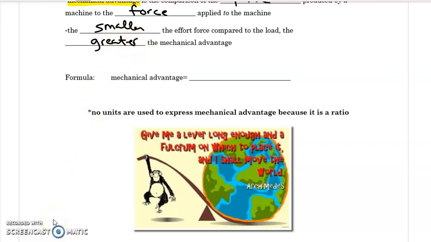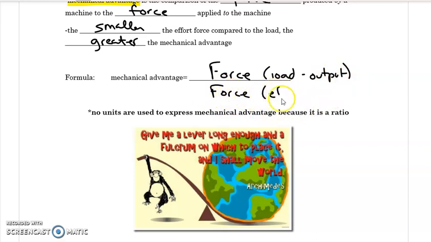So if we take a look at the formula for mechanical advantage, that's going to be the force on the load, also known as the output force, divided by the force on the effort, or the input.